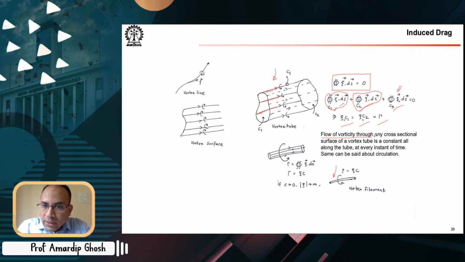So flow of vorticity through any cross-sectional surface of a vortex tube is a constant all along the tube at every instant of time.